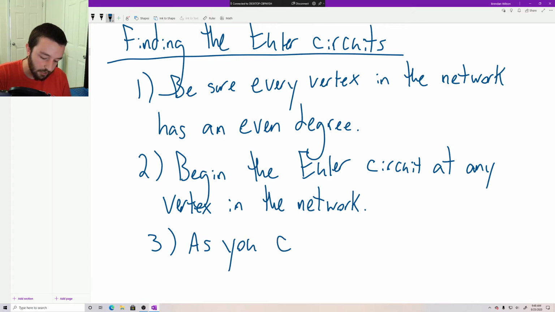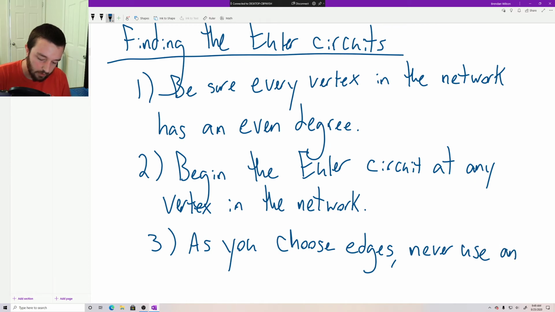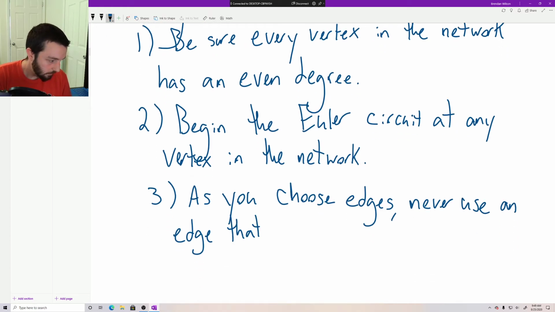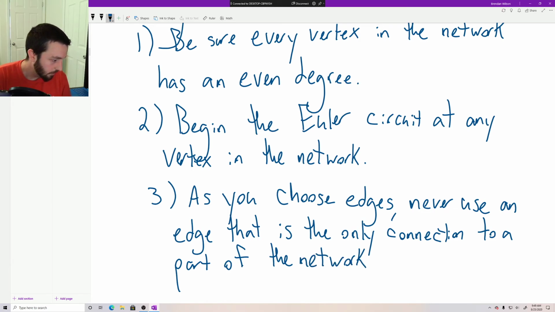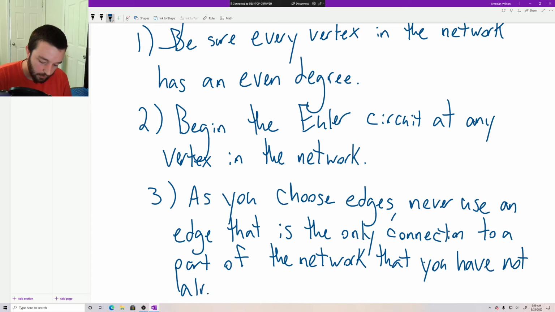Step 3, as you choose edges, never use an edge that is the only connection to a part of the network that you have not already visited.